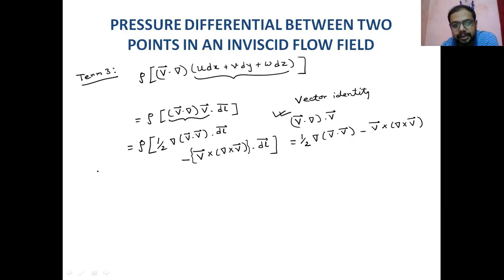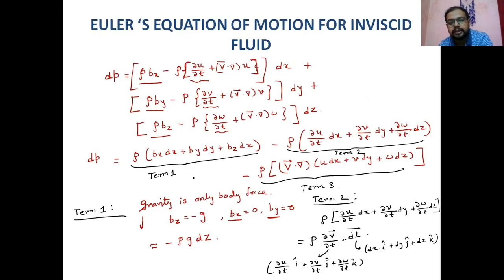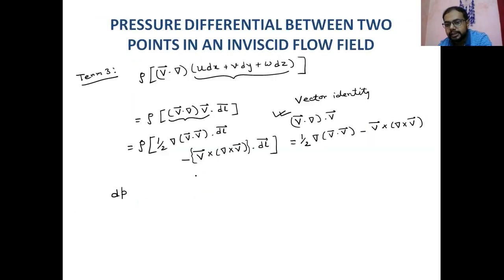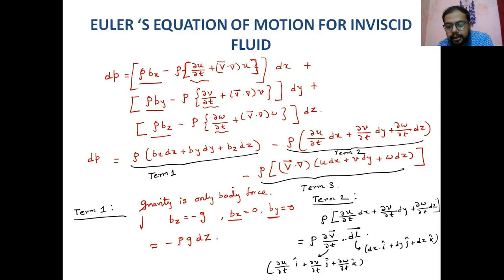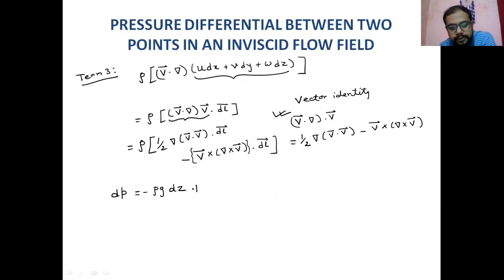So again, we rewrite the pressure difference. The dP equation after term 1, term 2, and term 3, we are getting all this. Term 1 is minus rho g dz. Term 2, we are getting rho del v del t dot dl.